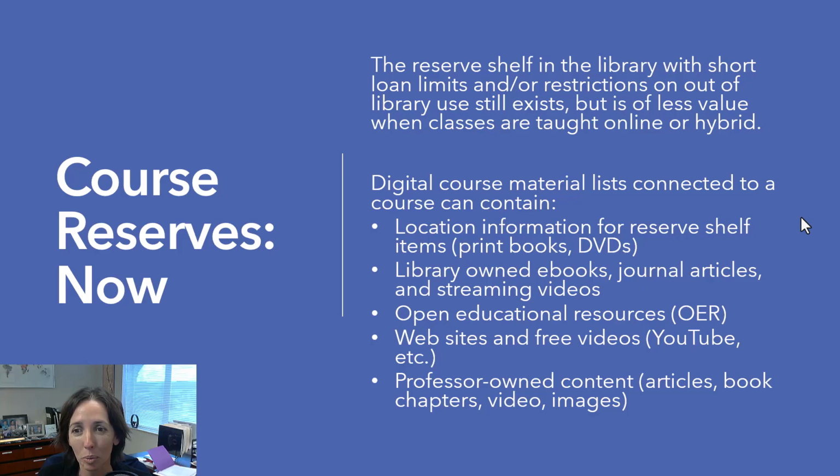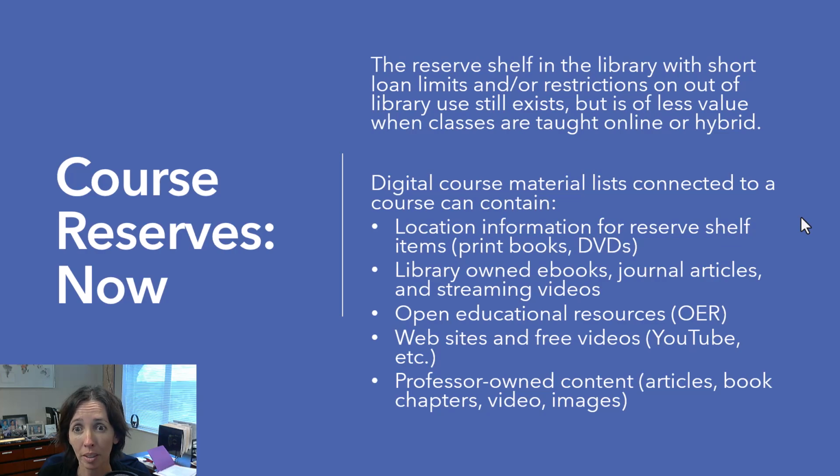So we can still put a physical book or a DVD on reserve, but we now have digital reading lists. So if you want to put a print book on reserve, we will still put that behind the circulation desk, but we can put that location information into our new course materials list.